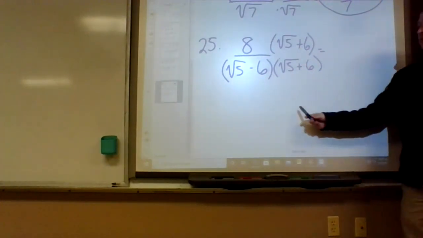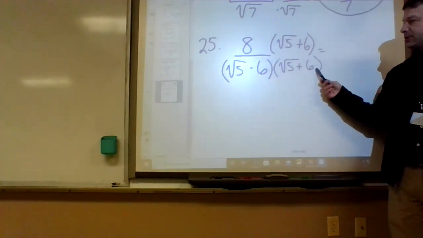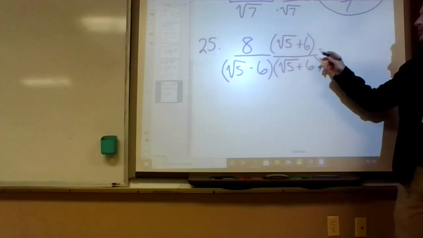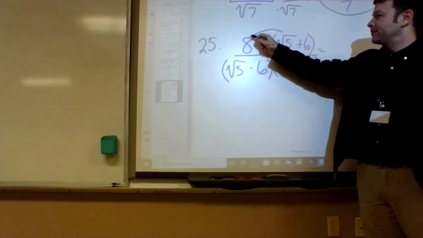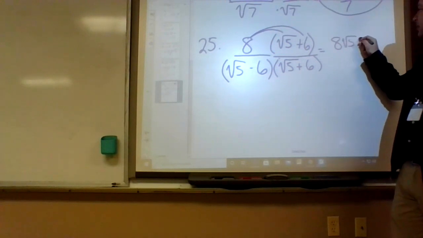Okay, remember when you're foiling the bottom with conjugates, really all you have to do is the first and the last. But the top is more like a distributive problem. 8 square root of 5 plus 48.